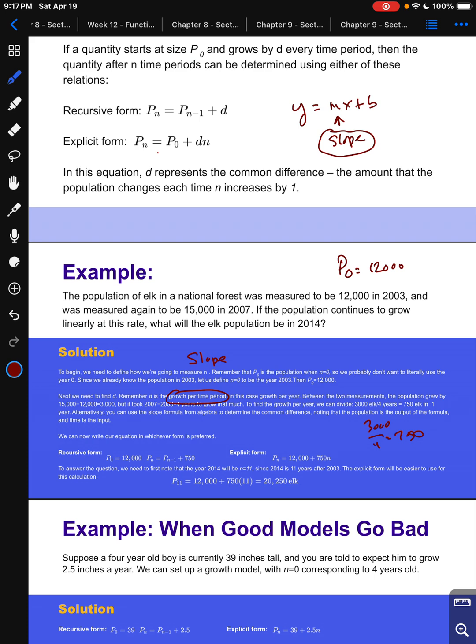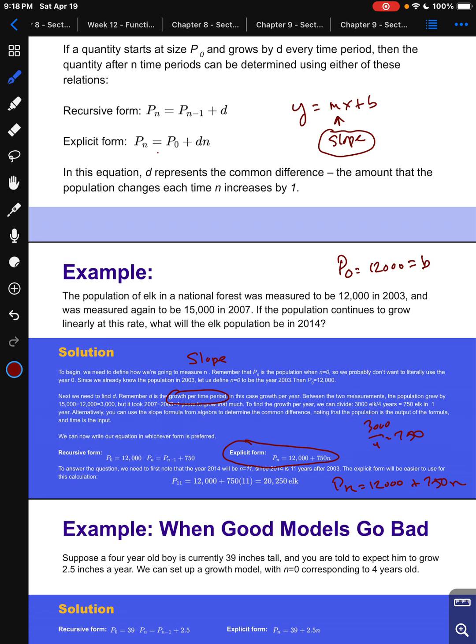So if we think about p sub 0, this is actually our y-intercept, or our b. If we just think about the explicit form, which I'm going to recommend you do, not too worried about recursive form, we're really going to focus on the explicit form. So we're going to have p sub n equals 12,000 plus 750 times n.